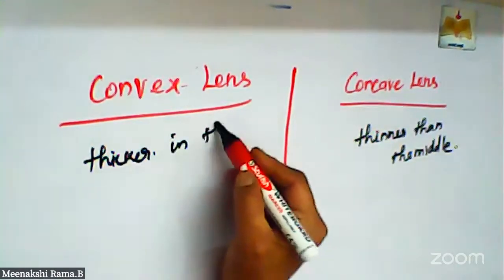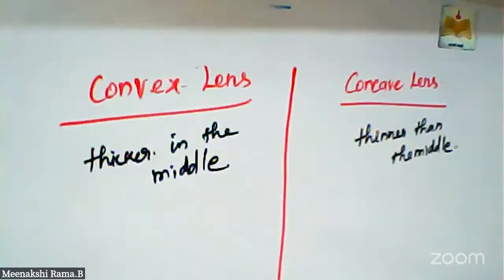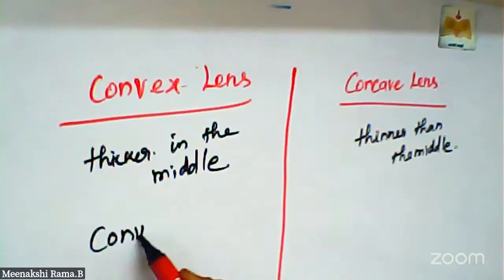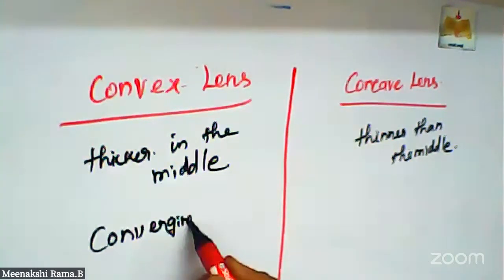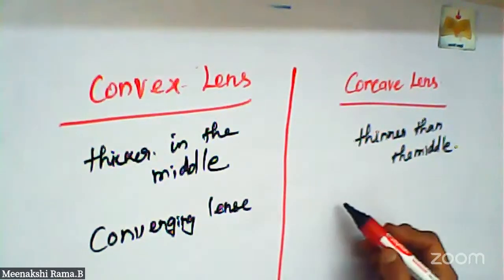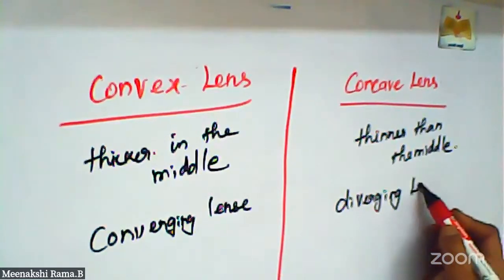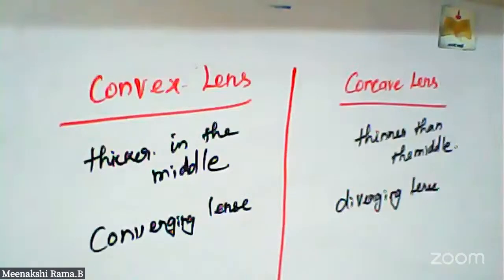Thicker in the middle point is the convex lens, and it is called a converging lens. Concave lens is called a diverging lens.